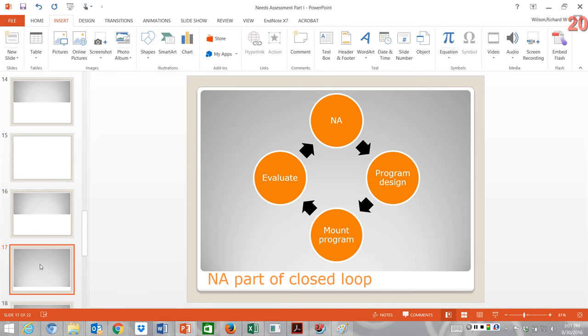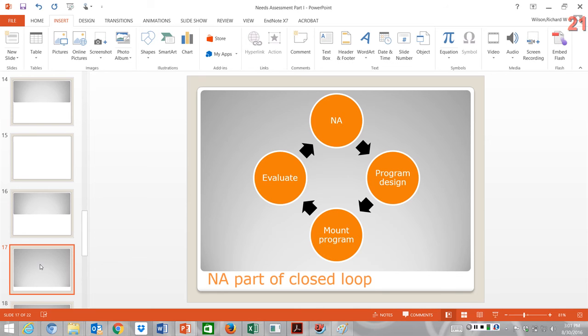So a needs assessment is kind of a closed loop. We do a needs assessment, which then leads to designing a program of some kind, some sort of intervention. We implement that program or mount that program, then we evaluate, and that kind of merges into needs assessment. There's a lot of common ground there, which tells us if we have to tweak or fine-tune the program design and so forth, and you continue to go that way.